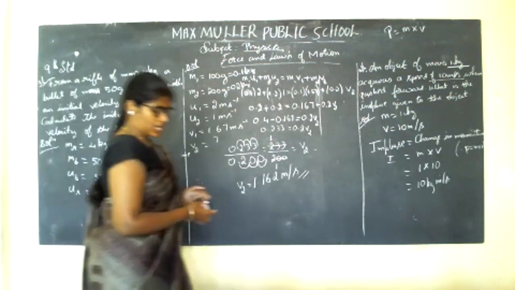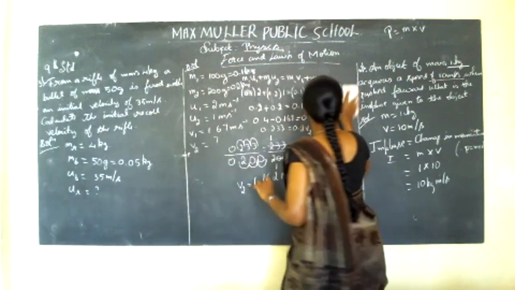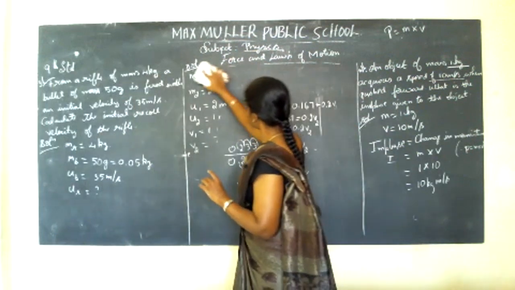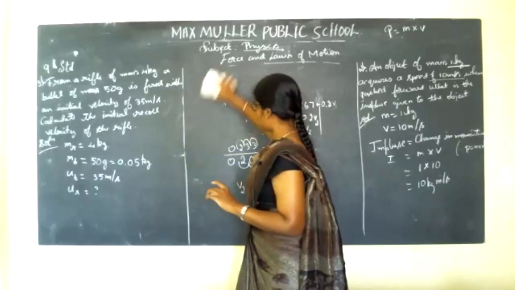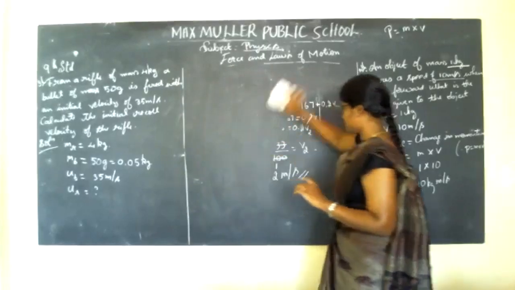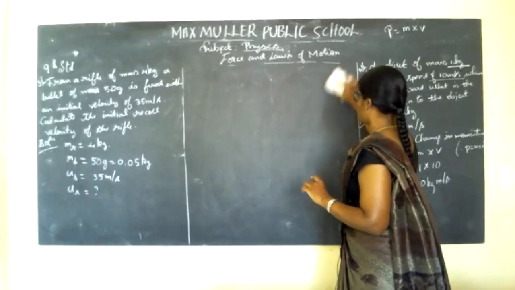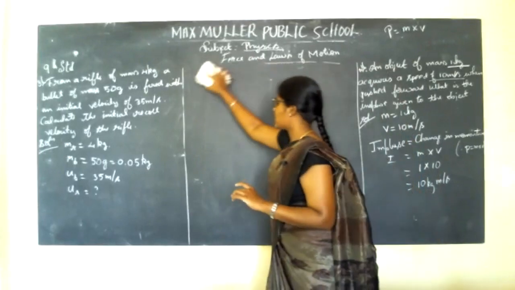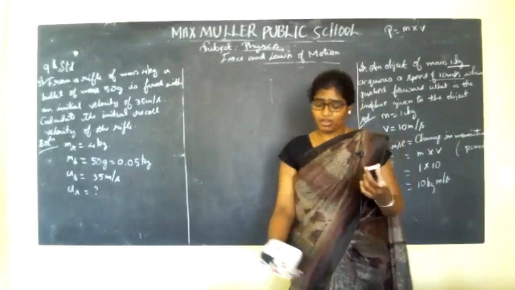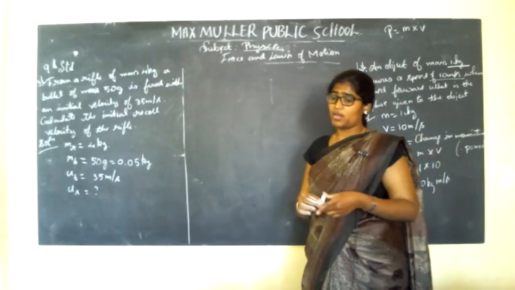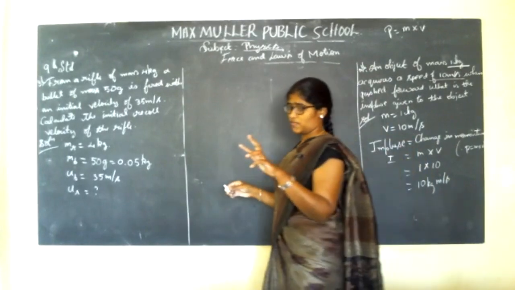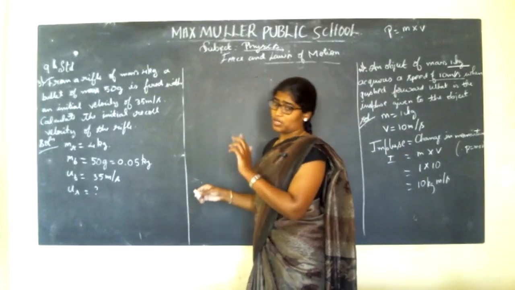What is conservation of momentum? Formula? Conservation of momentum is: initial, that is before collision, is equal to after collision. When we were supposed to derive the formula, we took FA will be equal to FB.